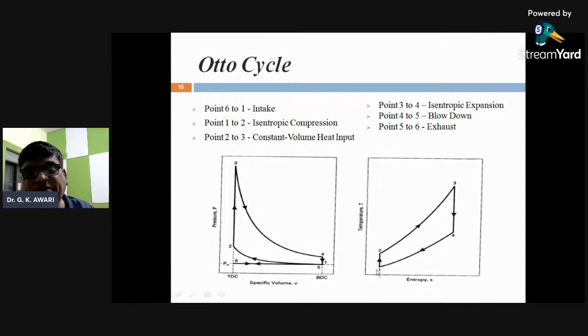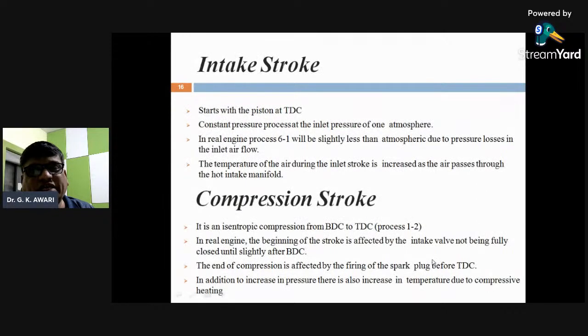In the temperature entropy diagram, 1 to 2 is the suction, 2 to 3 is the compression, 3 to 4 is the power stroke, and 4 to 1 is the exhaust stroke. So this is the Otto cycle.